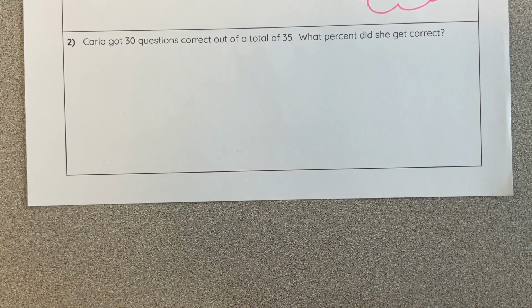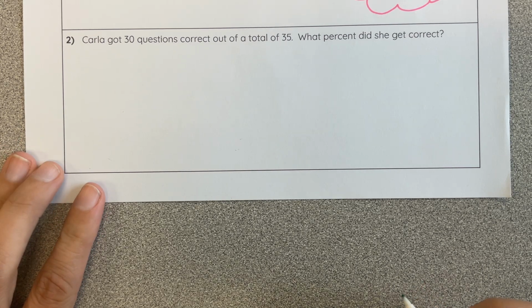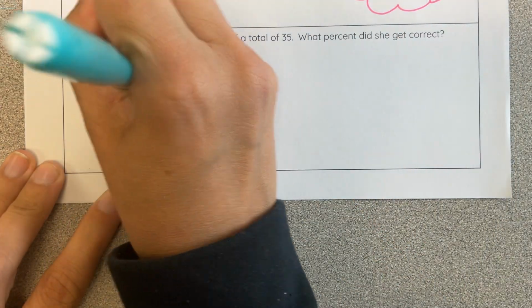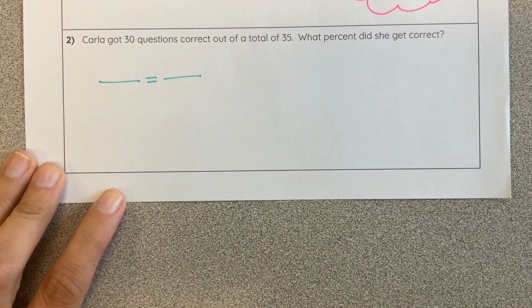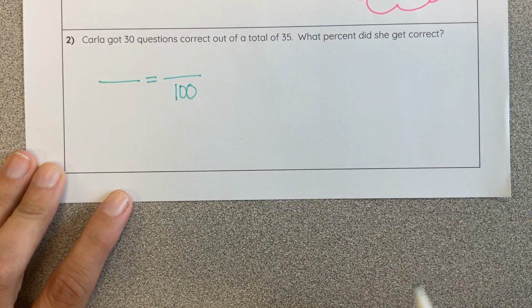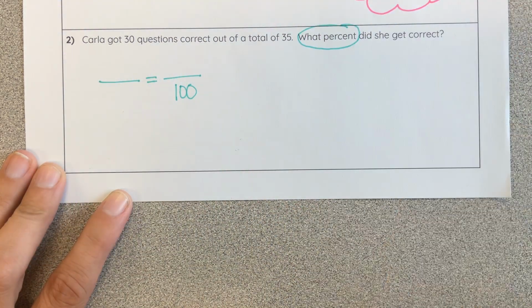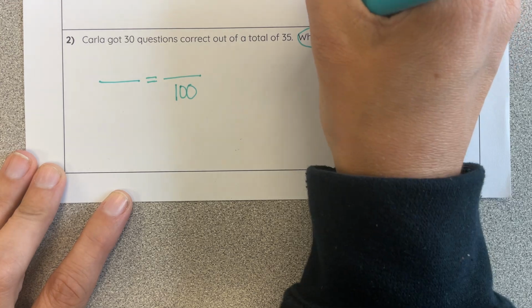All right, number 2. Carla got 30 questions correct out of a total 35. What percent did she get correct? So still setting up my blank proportion. Always out of 100. Looking for my percent. I don't see a percent sign. I see the word percent. It says what percent. That means it's our unknown.